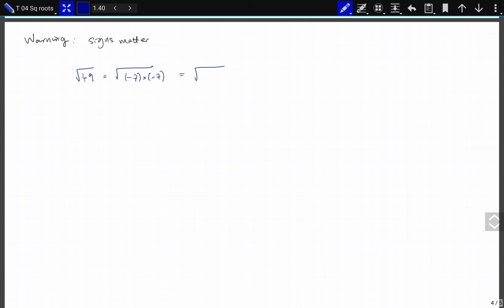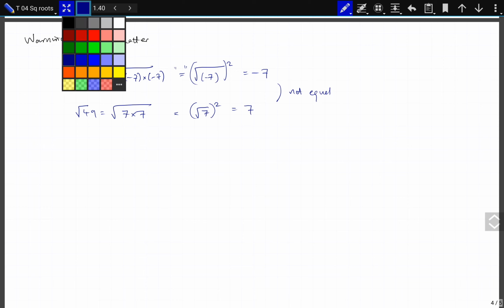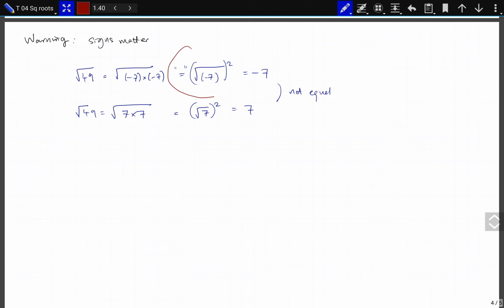This becomes, in quotation marks, not equal. But of course, this step was wrong, right? This step was wrong. Hopefully you can see why this is wrong. If you can't, take another look.